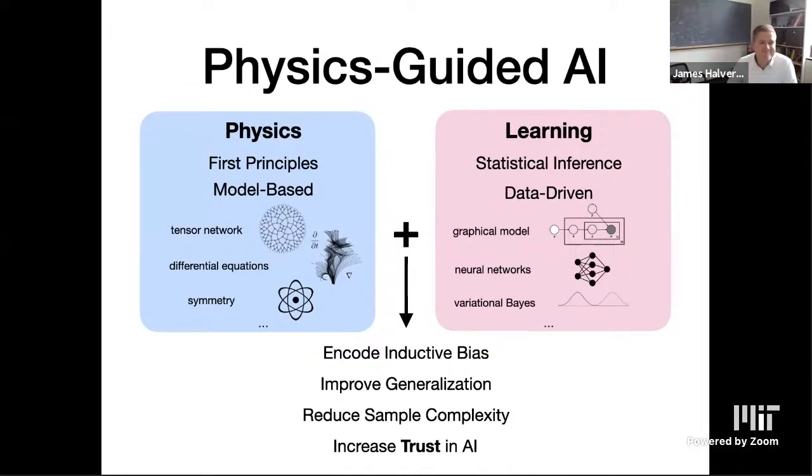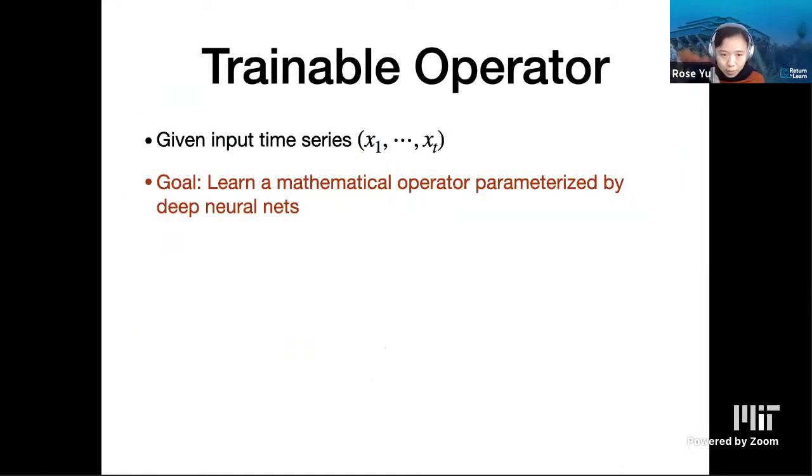Okay. Great. So let's start with the first paradigm, which I call trainable operator. In this case, we want to learn spatial temporal dynamics. So we're given an input time series, x1 to xt, where each state xt can be a high dimensional vector that collects from multiple locations or just multiple features.